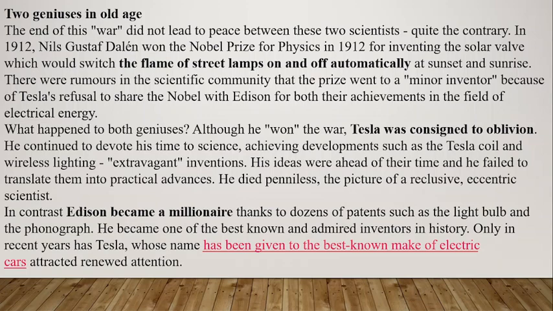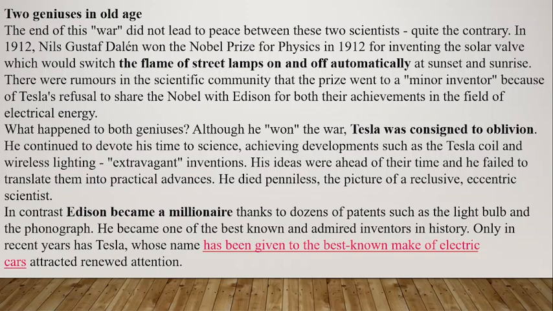There were rumors in the scientific community that the prize went to a minor inventor because of Tesla's refusal to share the Nobel with Edison for both their achievements in the field of electrical energy.